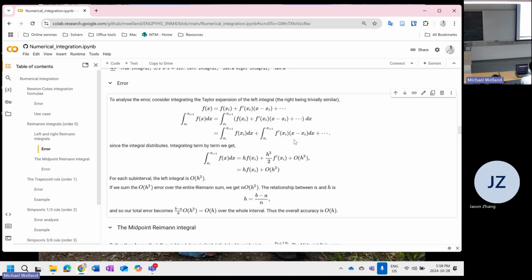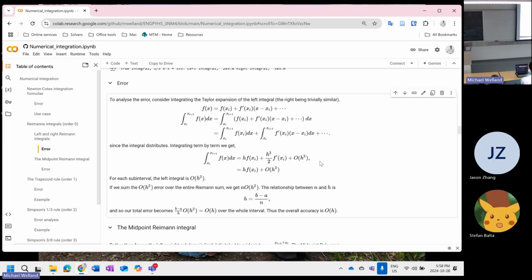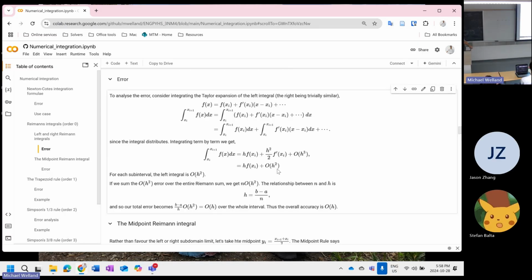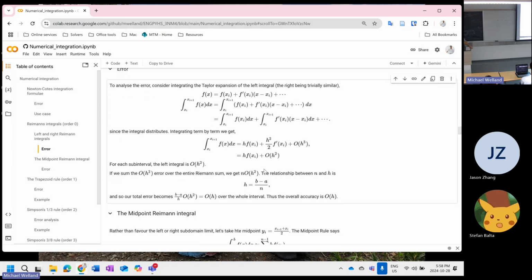So you can integrate it term by term, and then you get functions that are explicitly evaluated in terms of your step size. You get your order out front. And now here's the next trick. This one, the left and the right are both order h squared on the subinterval.